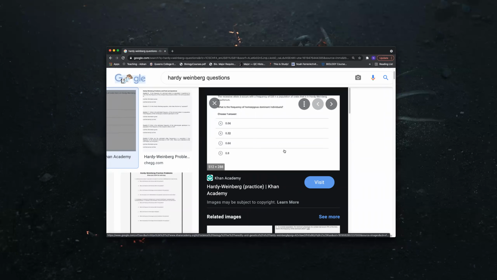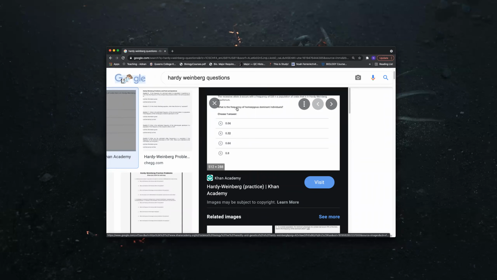So that's how you start, right? Oh wait, recessive. So Q is equal to 0.8, right? So P must be 0.2.